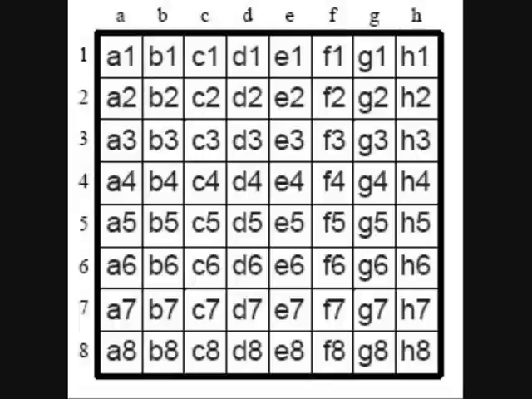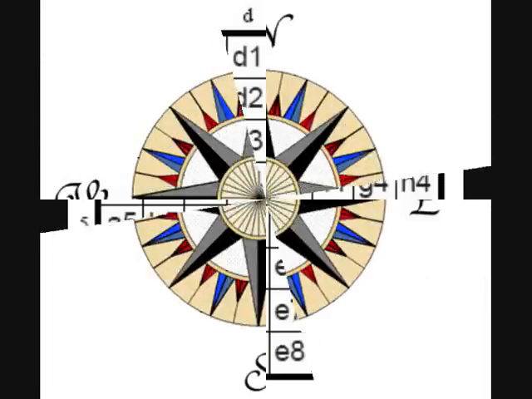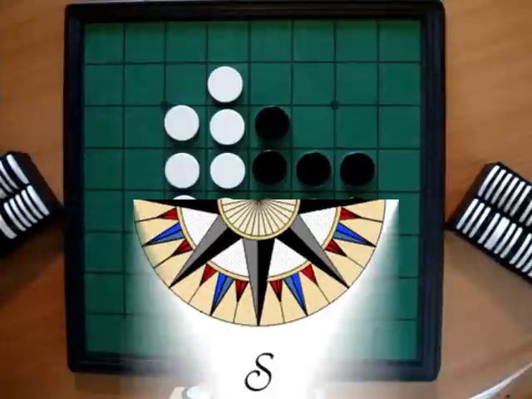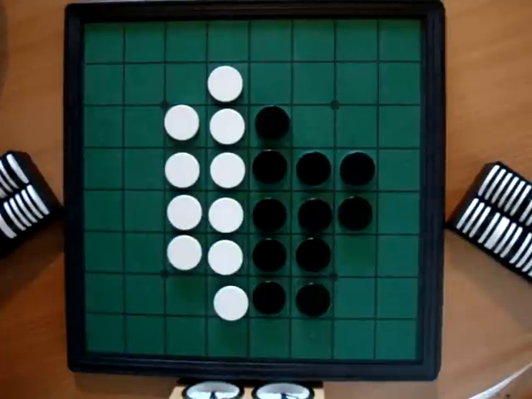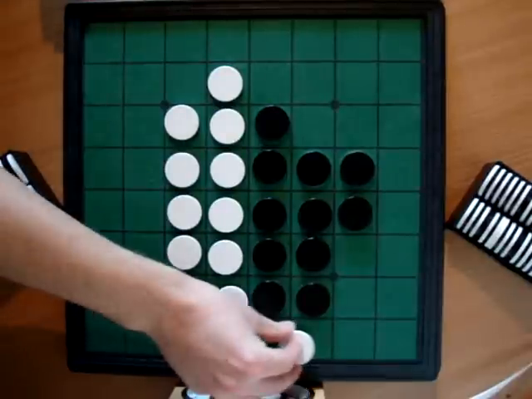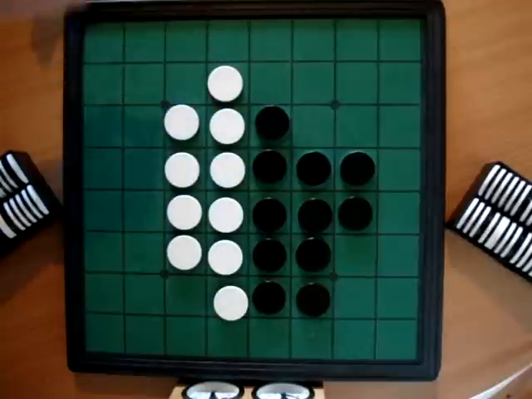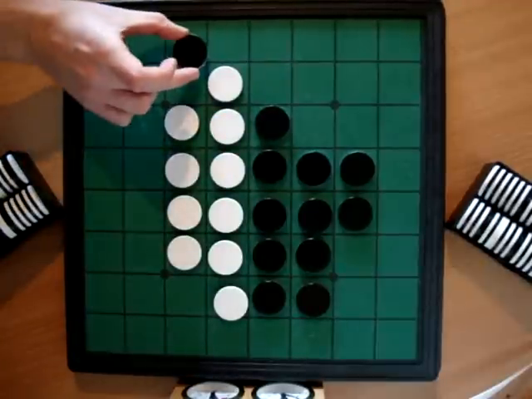We saw last time that we can use grid references to refer to a specific square on the board. However, Othello is made up of a vast number of generalisations, and players will often refer to the board using the points of the compass as one of those generalisations. So for example, in this position, we might refer to white having moves only in the east, and black only having moves in the west.